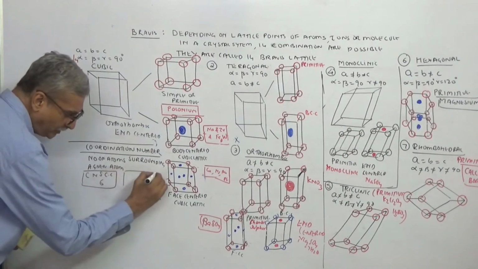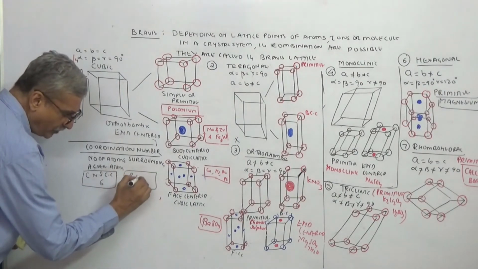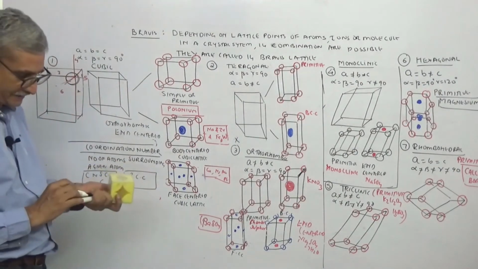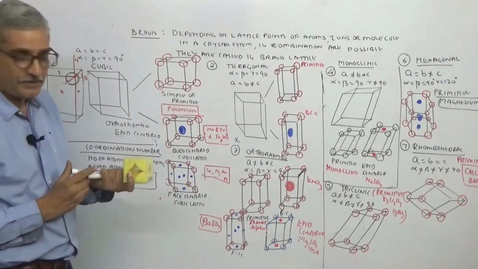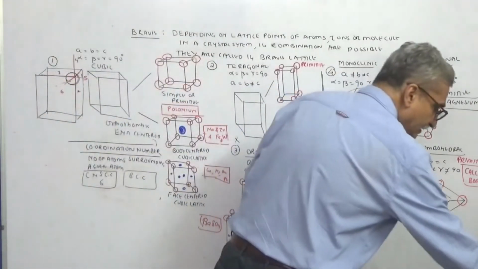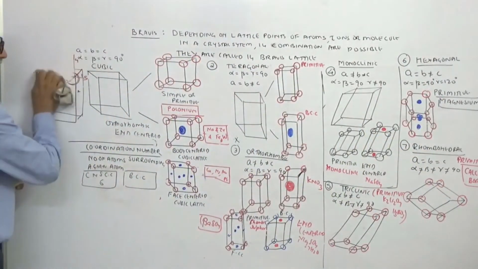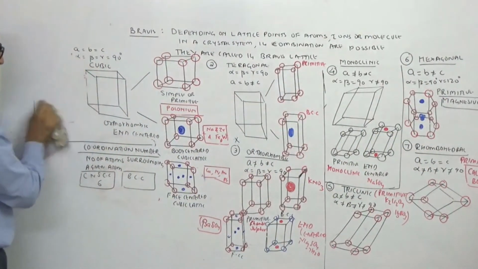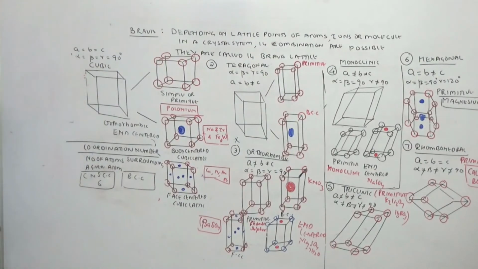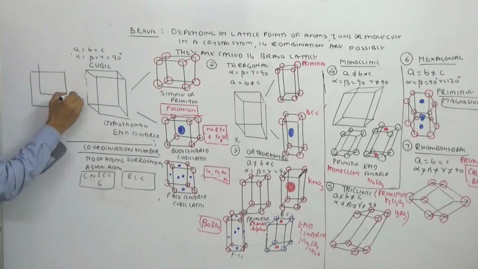देन वी कम टू व्हाट? BCC बॉडी सेंटर्ड क्यूबिक. ये इजी है, इट इज इजी. इज दिस पॉइंट क्लियर? When I am drawing body centered, तो डाउट है तो पूछो.